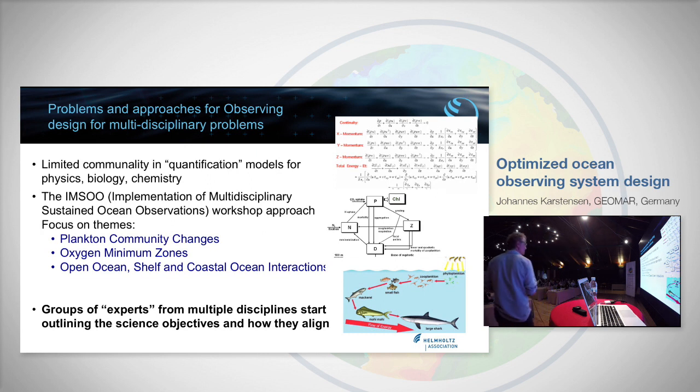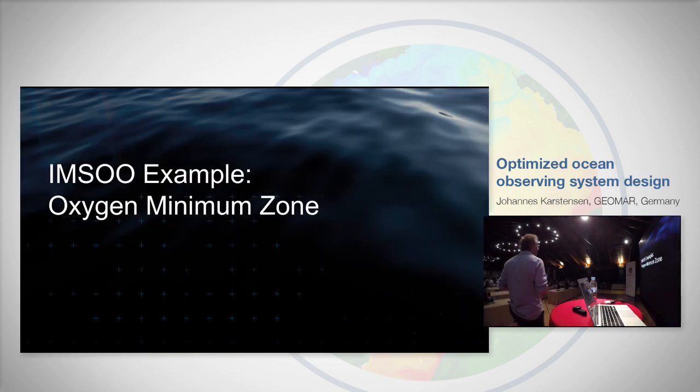Again, super multidisciplinary in scales and also in the processes. So experts of multiple of these disciplines were put together and started thinking about how to develop observing techniques for a multi-platform, most likely, and also multidisciplinary problem. And I will just briefly introduce you to that oxygen minimum zone problem, because I was involved in it.